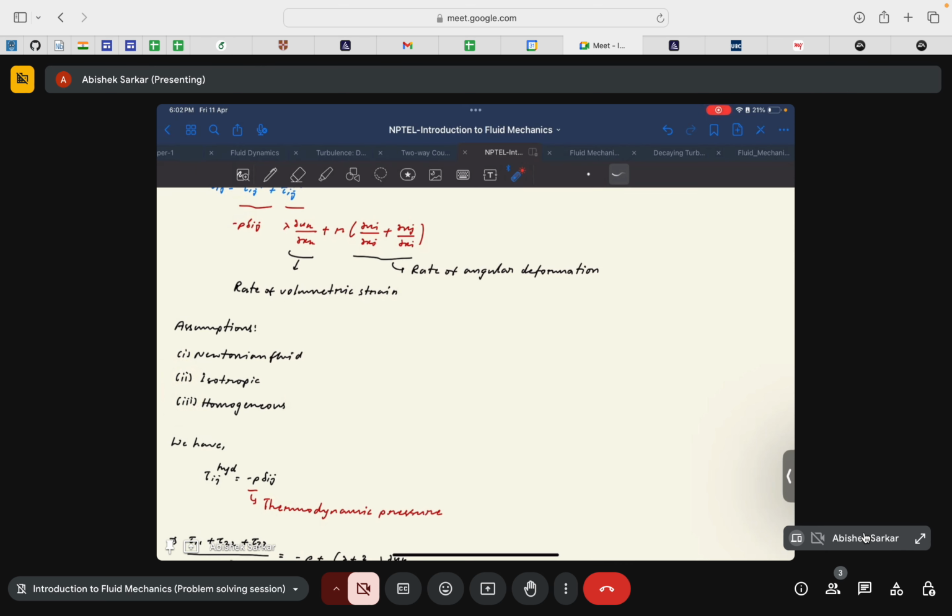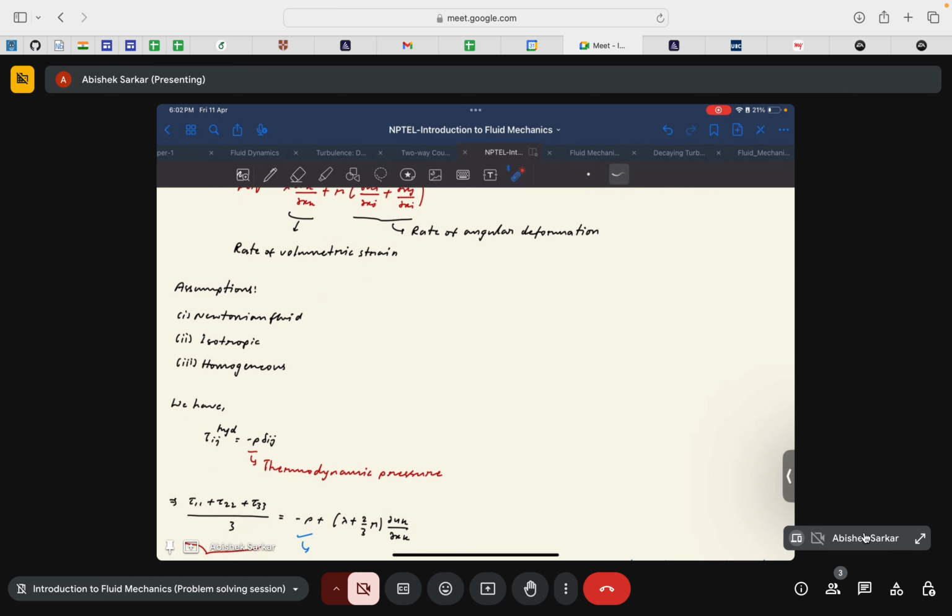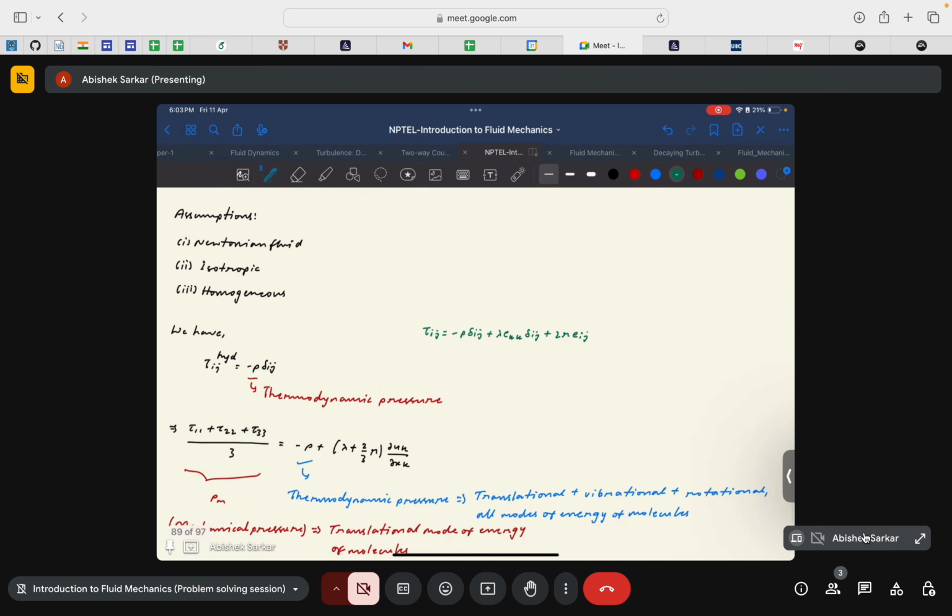Now let me write the final expression for tau_ij again: tau_ij is equal to minus p delta_ij plus lambda e_kk delta_ij plus 2 mu e_ij.